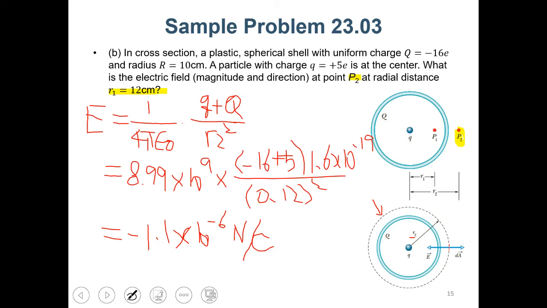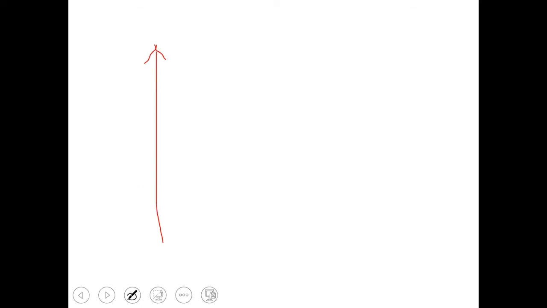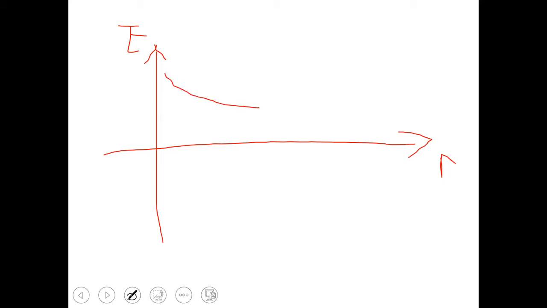So actually, if you just draw it out, it will be something like this. This is the R axis, the distance from the center, and it will be something like this. This one is 5ek over R squared.